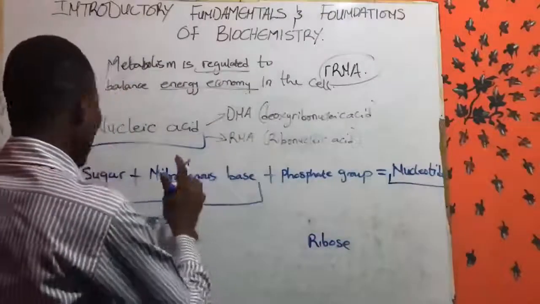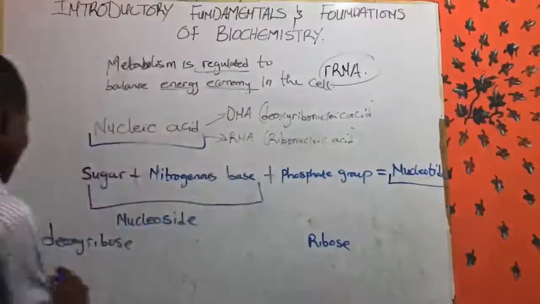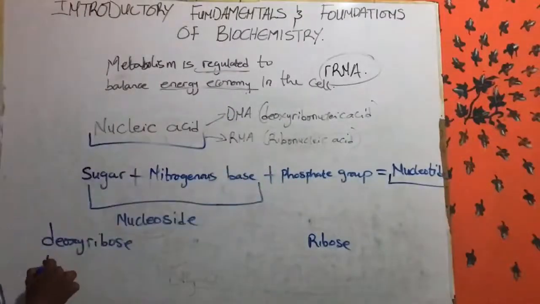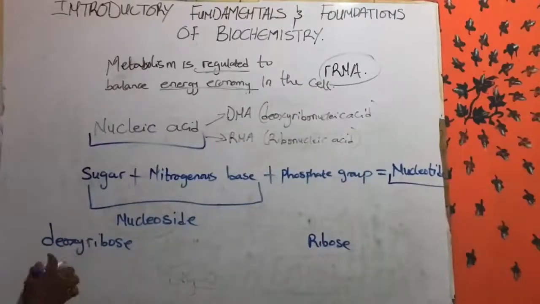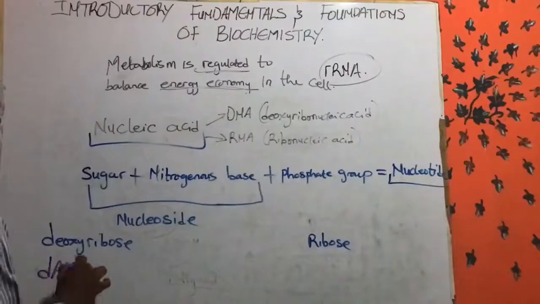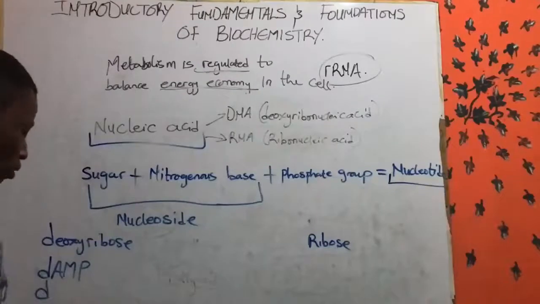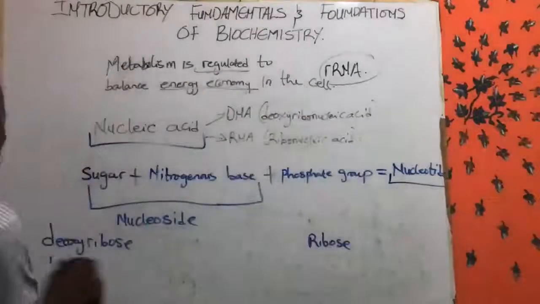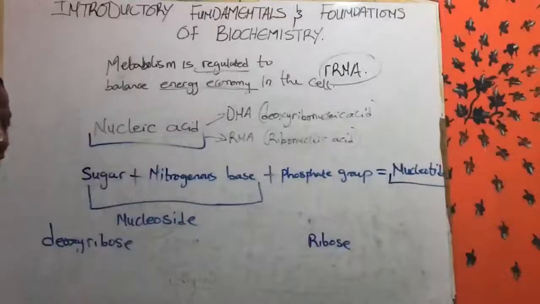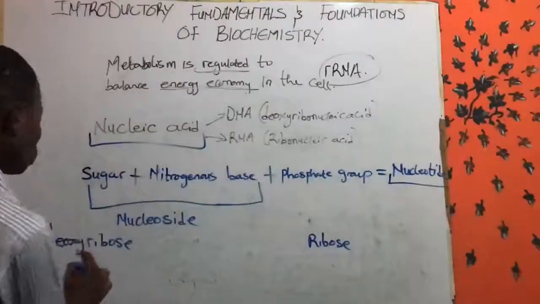Now, if you are having a DNA, your nitrogenous base can either be deoxyadenylate. Okay, let me not go there. I don't want to bore you with too many biochemistry facts so that it will not look confusing. Let me just do it this way.